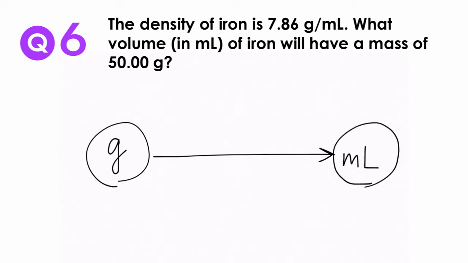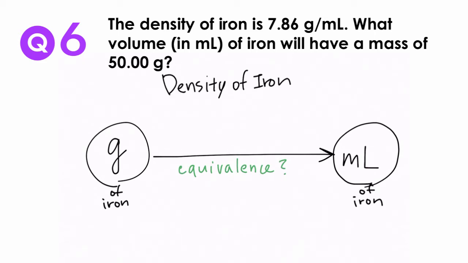The equivalence is another hard thing to find in this question, but the density is given to you. The definition of density is how much a substance weighs per unit volume. What does that mean? Well, let's look at the density of iron. 7.86 grams per milliliter.